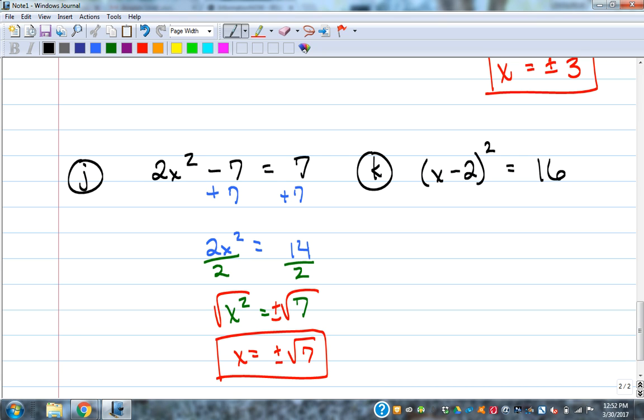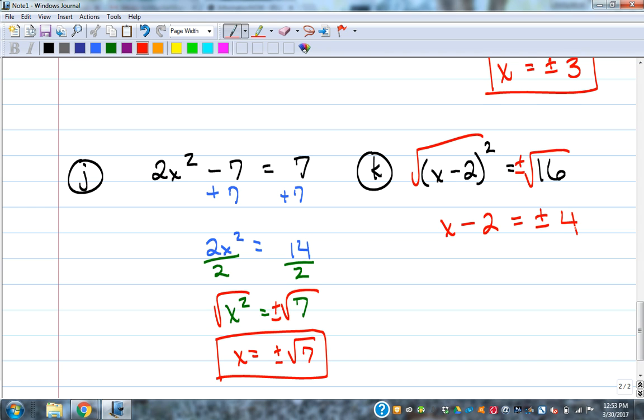So we're going to take advantage of that and say, oh, I can get rid of that squared by doing what? Taking the square root. If I take the square root of that side, I'm going to end up losing the squared part, and I get x minus 2 is equal to plus or minus 4.